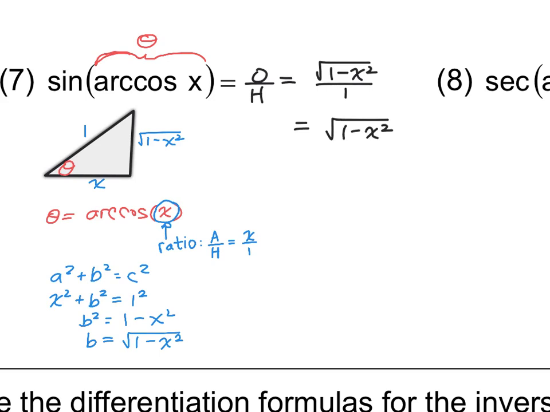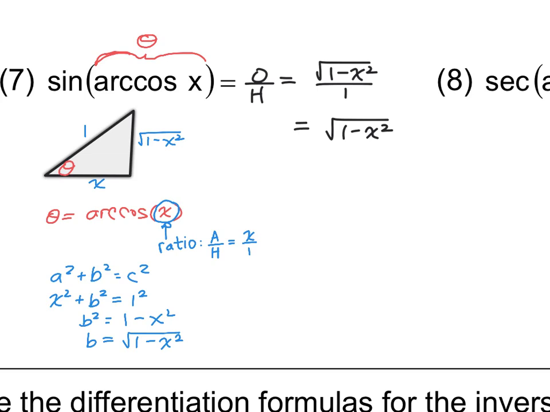All right. Now, motivation. You can take a look at all of this work, and you say, why on earth would I want to do any of this? My answer to you is, I think, fairly simple. If you had to take the derivative of this, the derivative would involve the chain rule because you have a function inside of another function.